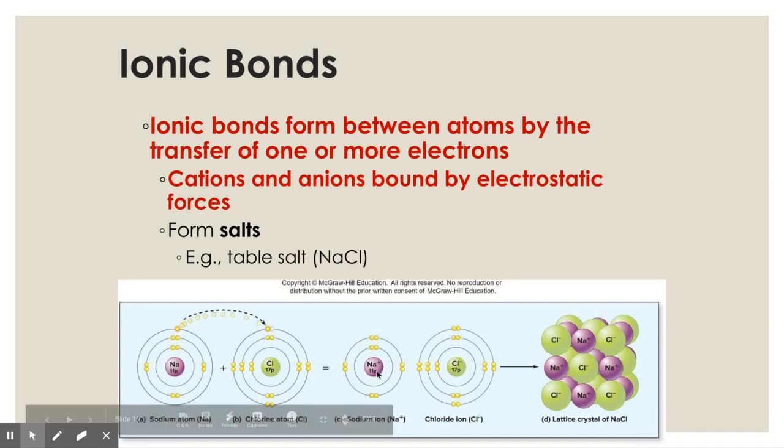Once that happens, sodium becomes slightly positively charged, +1. Chlorine got an electron, it becomes negatively charged, -1. Because of these positive and negative charges, they are attracted to each other and they make this crystal lattice, this nice orderly structure that we know of as table salt.